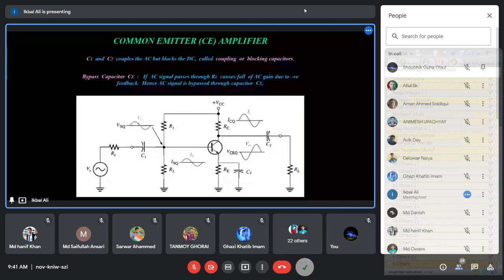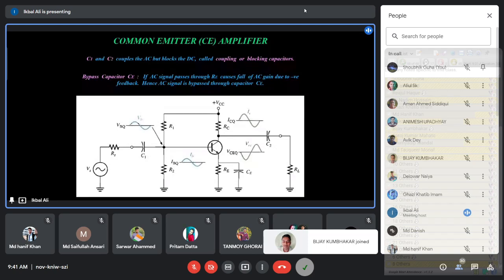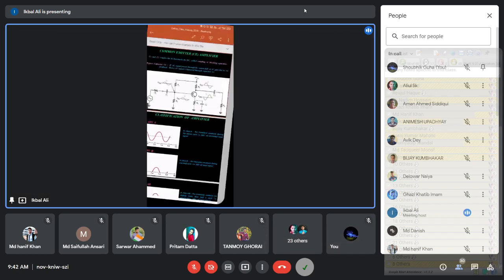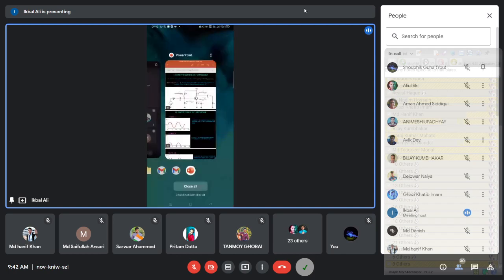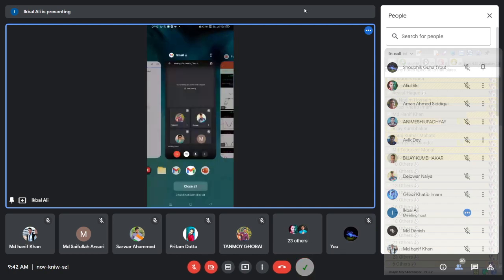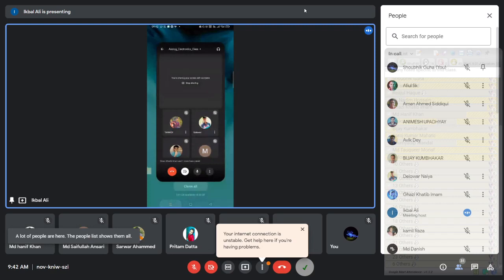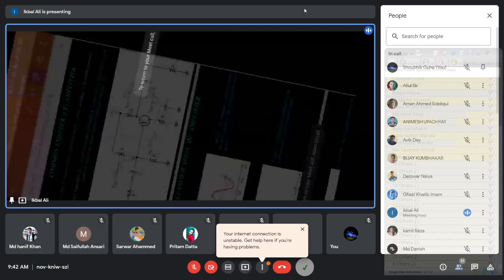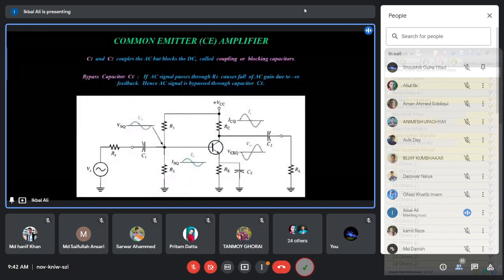These discussions, whatever we have done, are conceptual discussions. First, you have to understand the basic principles of the concepts. Then you can analyze the amplifier circuits mathematically. There is a lot of mathematics. An equivalent model of the transistor is there, through which you can get mathematical expressions for the gain, the input impedance, and the output impedance of the amplifier.